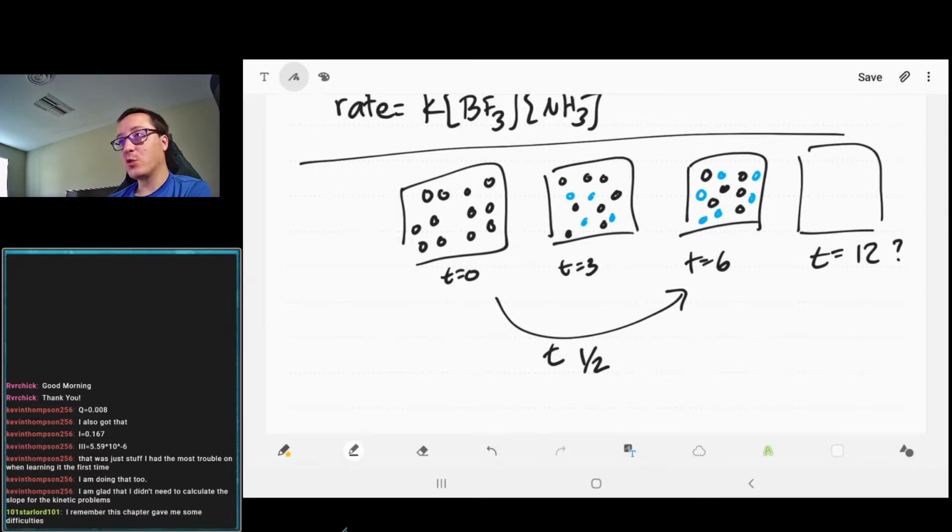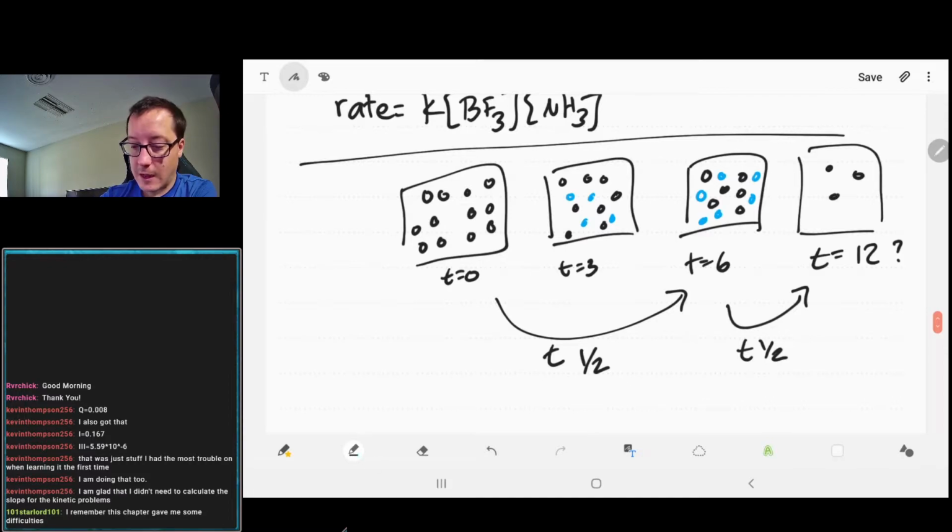And so if we're looking at 12, we need another half of those to go away. So if we had 6 black dots left, we're only going to have 3, and they'll have turned into blue dots instead. 4, 5, 6, 7, 8, 9. And so as a result, we're looking at whatever answer had 3, I'm sorry, there are 3 white dots left. The ones that I've drawn are black dots, but those are the white dots there. So we're looking at the one that has 3 white dots left.